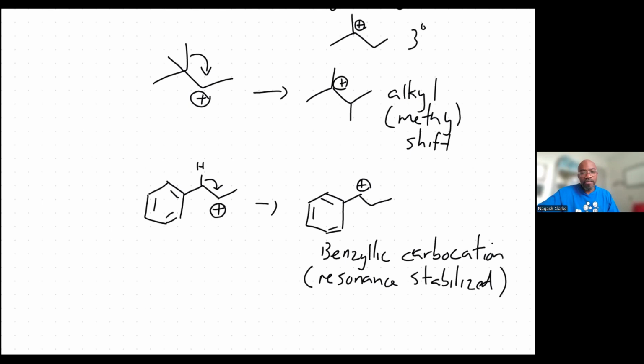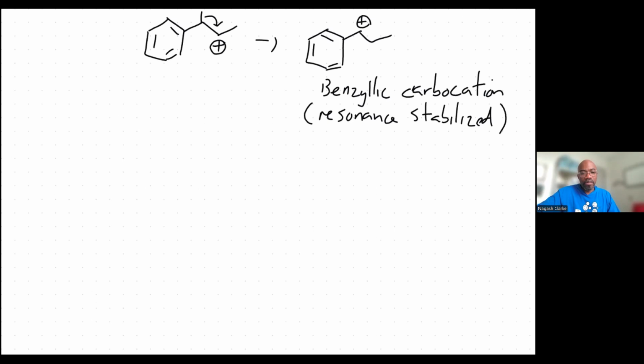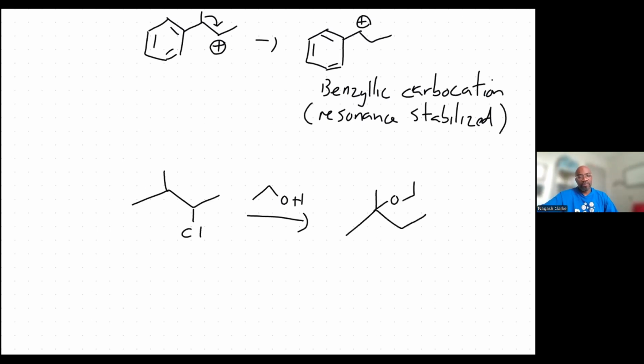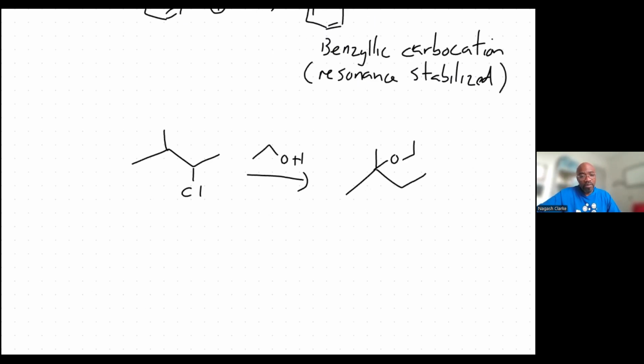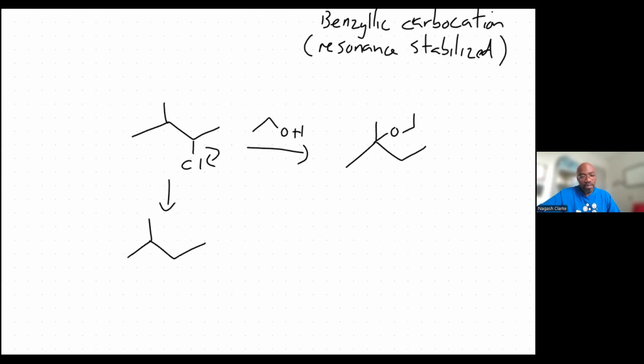Okay. So let's look at a reaction that involves rearrangements. Here, we're going to react this with ethanol, and we end up with this product, which was maybe not an expected product. So first step, we have the leaving group leaving, forming a carbocation. Then we have a hydride shift.